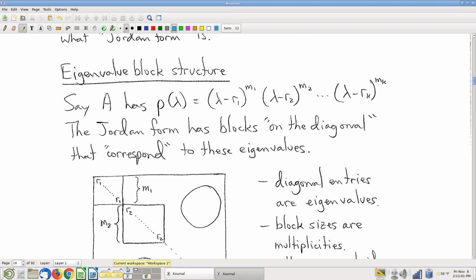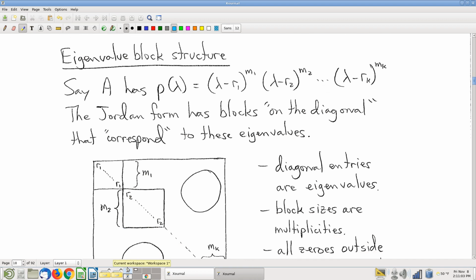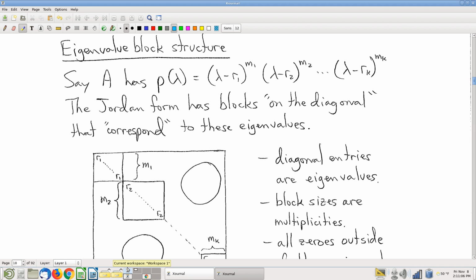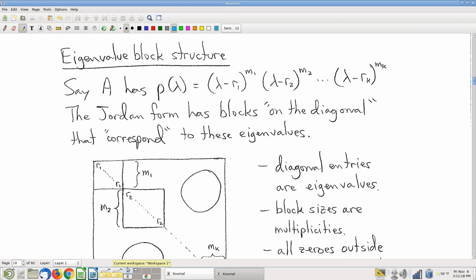Here are the rules. Think of this as the chapter 5 version of reduced row echelon form, right? It's a bunch of rules whose convenience will reveal itself later. Okay.